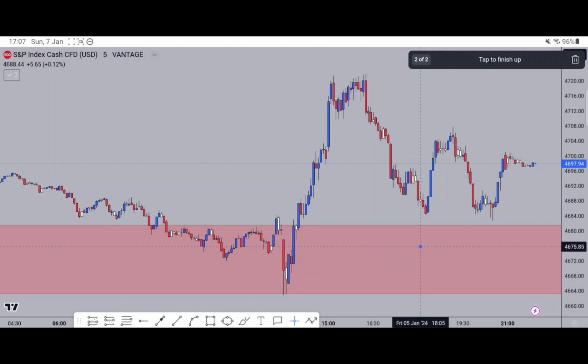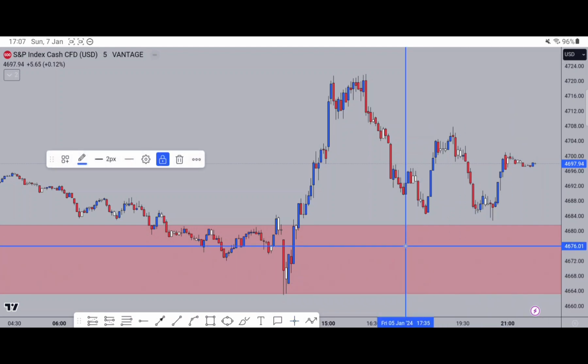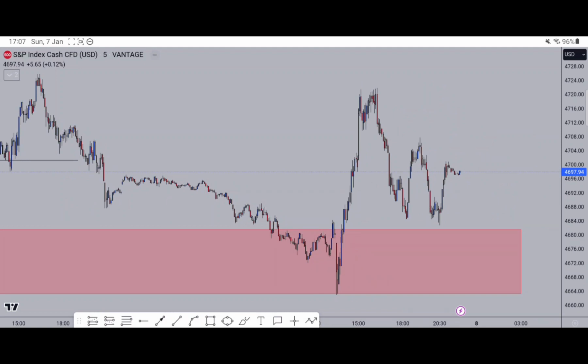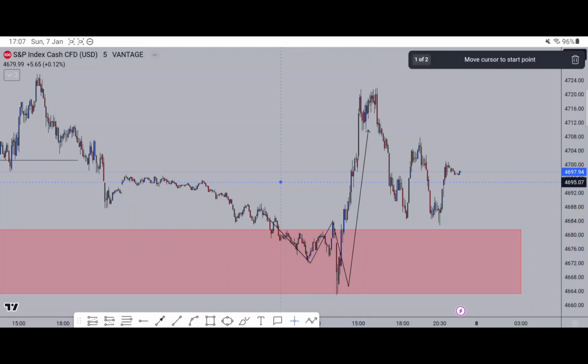I was expecting a move from this area around here, and I said to everybody in the chat that I was expecting something along the lines of this, and that was when price was around here. I said that this is what I was looking for. So if you look back in the chat, you will see me call that live.